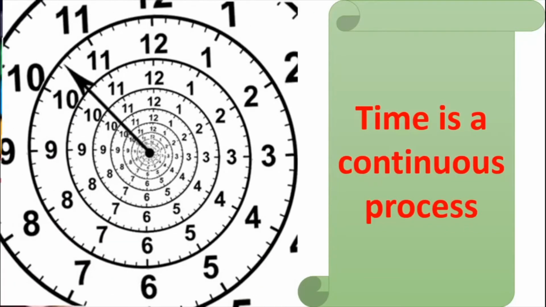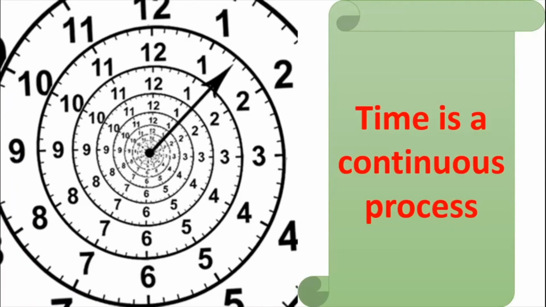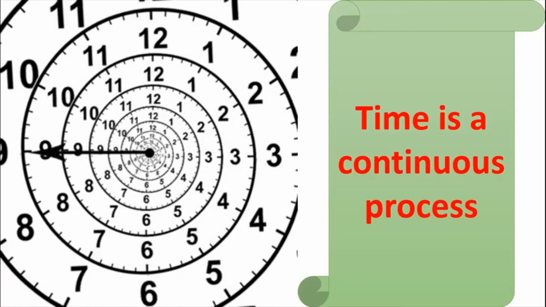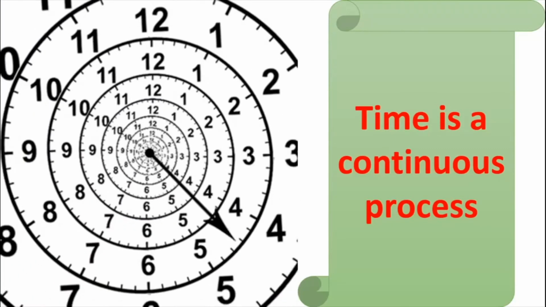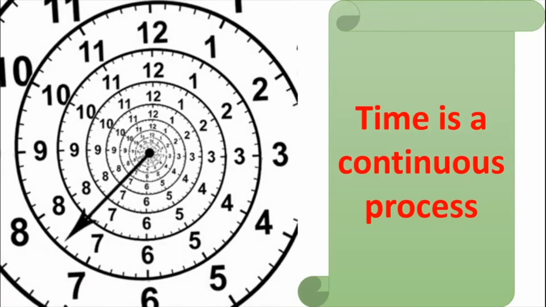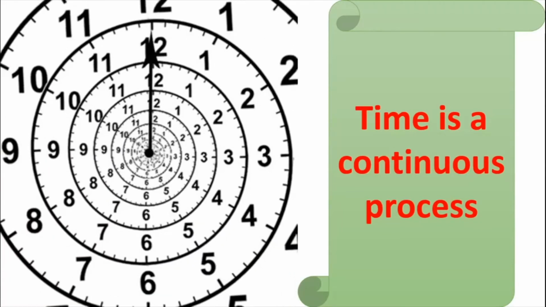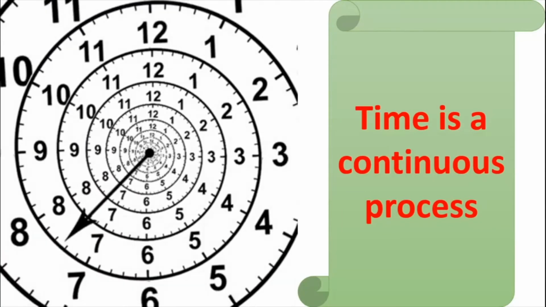The most important thing that you will understand about time is that time is a continuous process. Okay, this is the most important thing that we should keep in our mind when we talk about time. Time and tide don't wait for anyone. This is what is said.